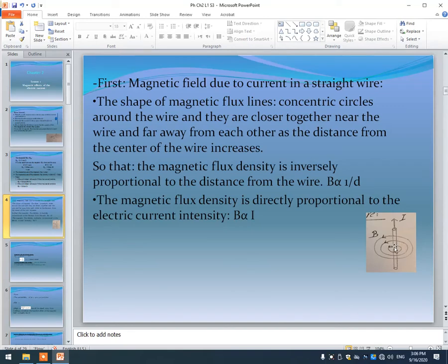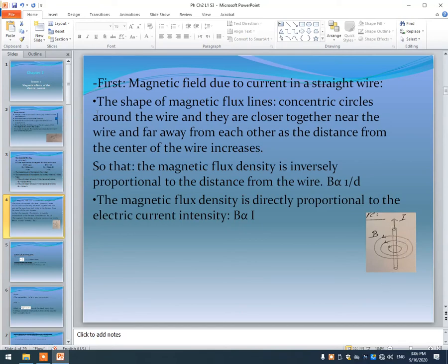We will study this rule during our syllabus, but here, as you see, these circles get crowded as we get closer to the wire and get away from each other as we go away from the wire.